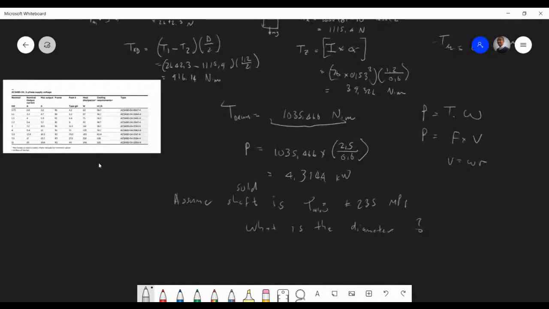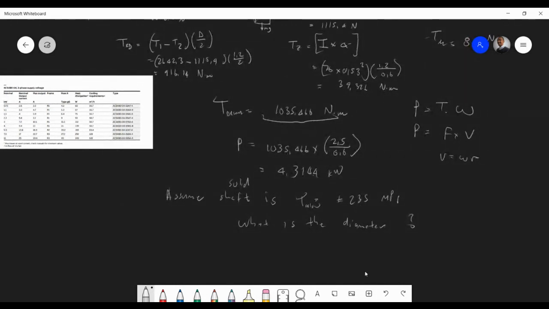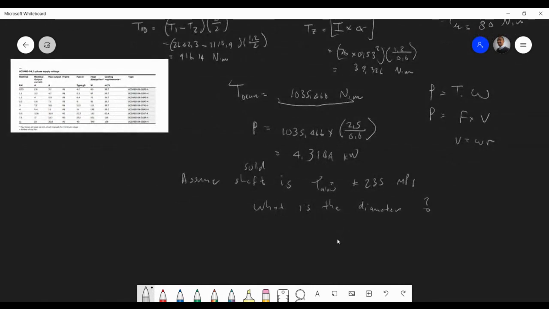So we've got a motor. Of course, the diameter is also dependent on the motor, obviously, if you have to couple it. But the question is, I'd like to know the process you think about in selecting the diameter of the shaft.